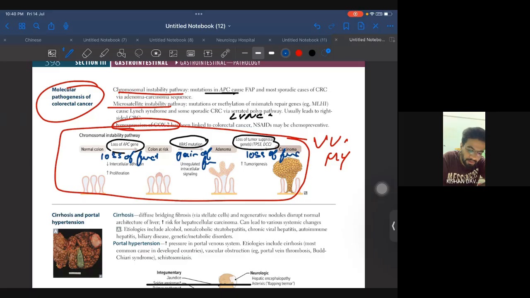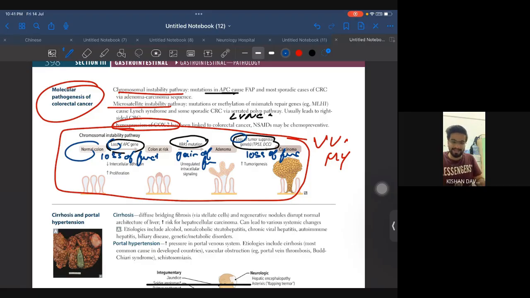They have already given your loss, and here they haven't given anything, so this is the question they have asked: the gain of mutation, what is that? Wherever you see this question, see from what transformation to what transformation they are asking: normal to adenoma, adenoma to carcinoma, normal to carcinoma, at risk to adenoma, or at risk to carcinoma. Make sure you read the question properly.